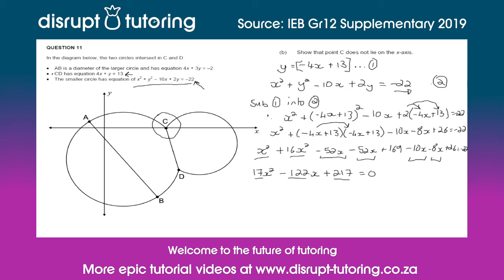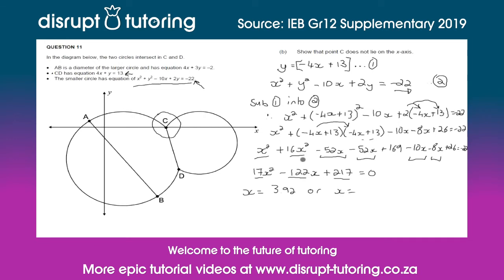So I get one answer being x equals 3.92, or x equals 3.26.